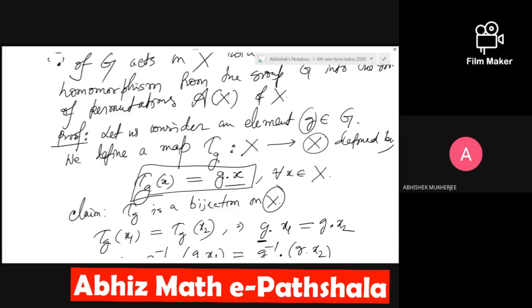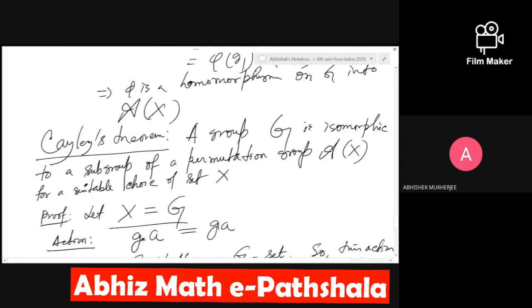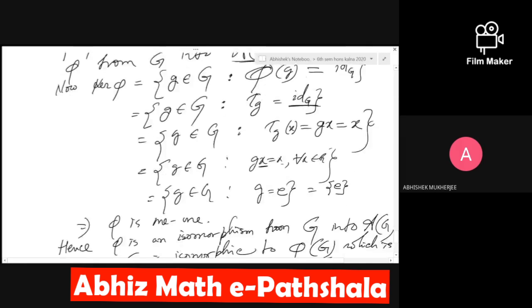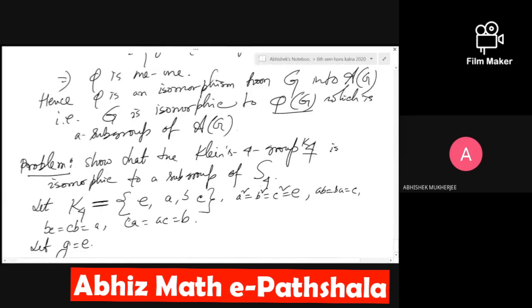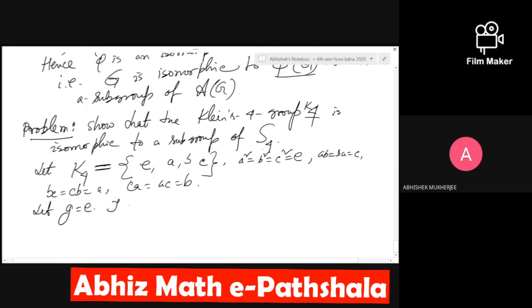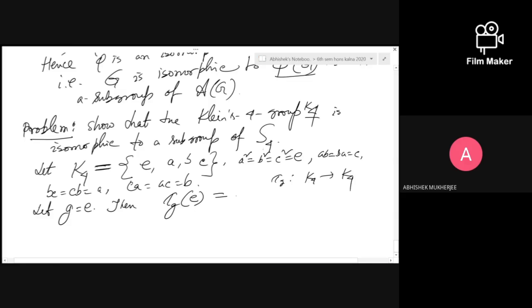In our case, by Cayley's theorem, X is the group itself, so X is K4, the set of 4 elements. So let g equal to e. Now tau g will be a map from K4 to K4, so tau g will be g dot e. Now what is g dot e?